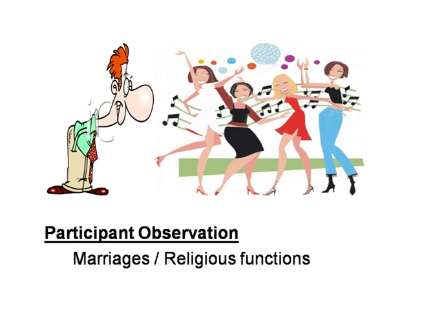There are two types of observation methods. One is participant observation and the other one is non-participant observation. In participant observation, the researcher himself participates in the event and records the events and studies it.